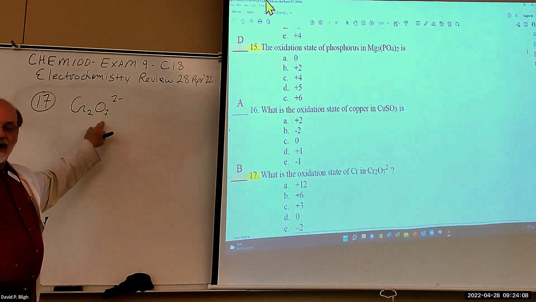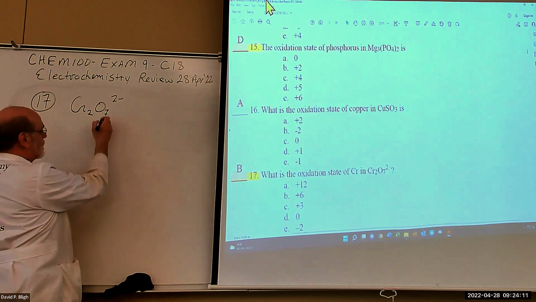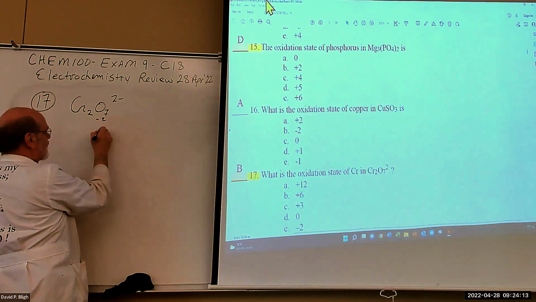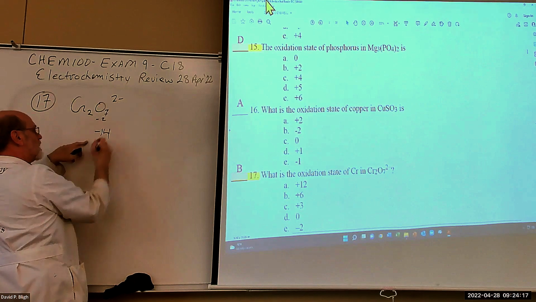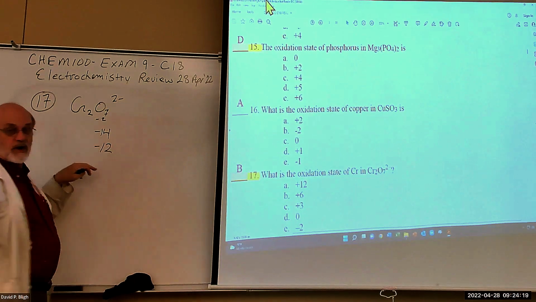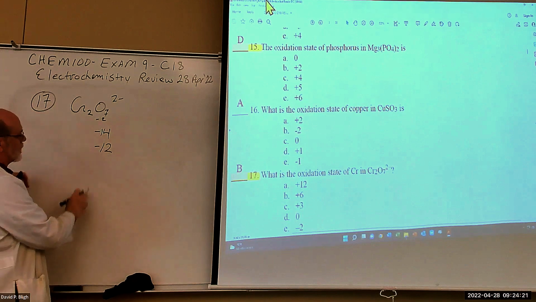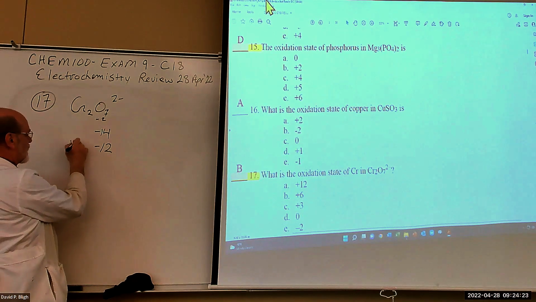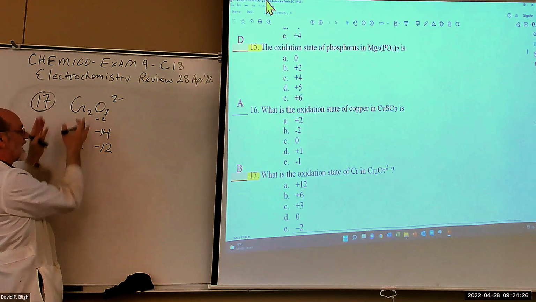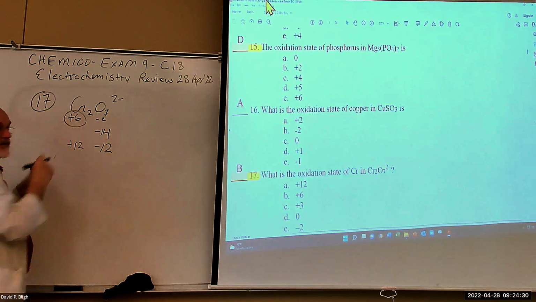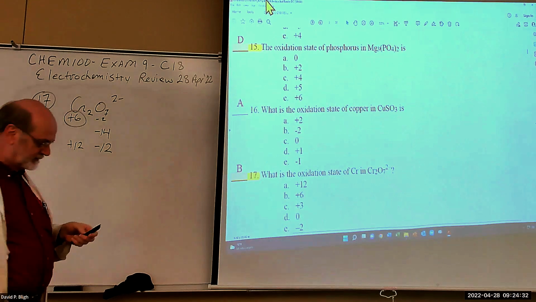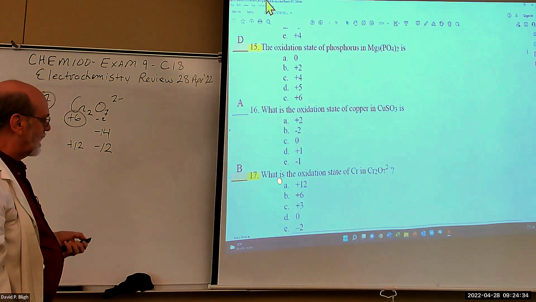So here we go again. Oxygen is by rule -2 times 7 is -14. But we hold 2 negatives out for the charge. That means -12 is all we have to balance with these 2 chromiums, which means they both have to be +12 together. That means each one is a +6.